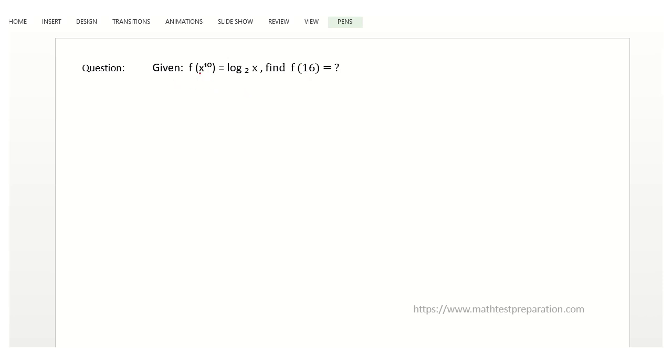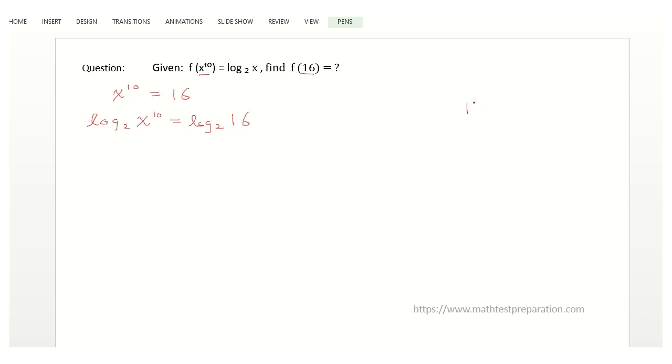From the given condition, we get x^10 = 16. Now, we apply log base 2 to both sides of the equation: log base 2 of x^10 equals log base 2 of 16.